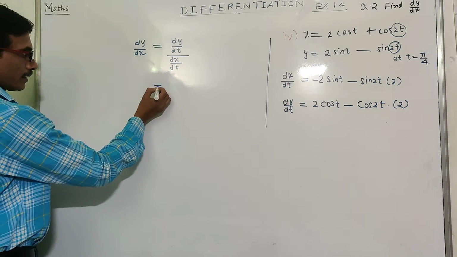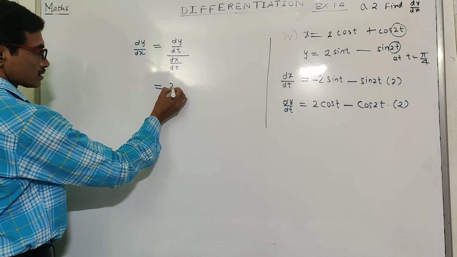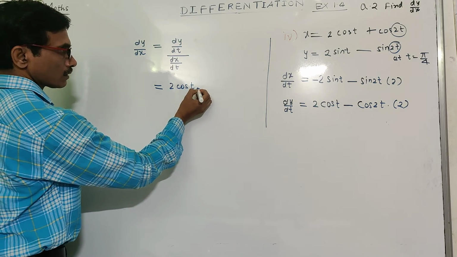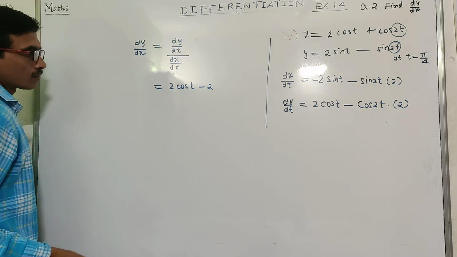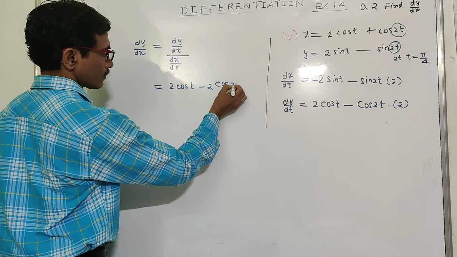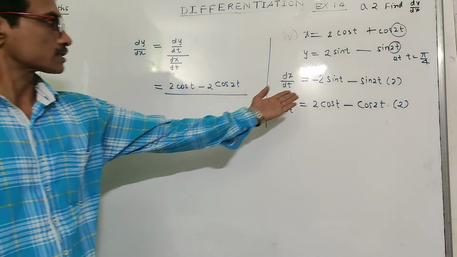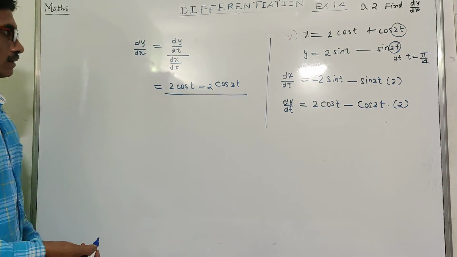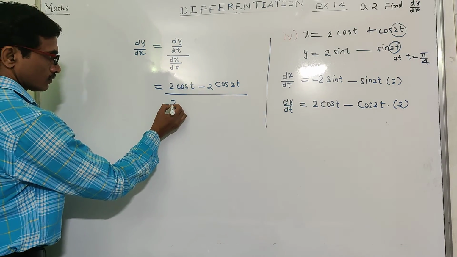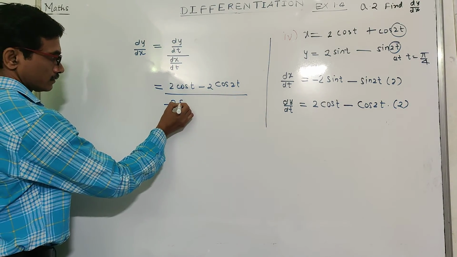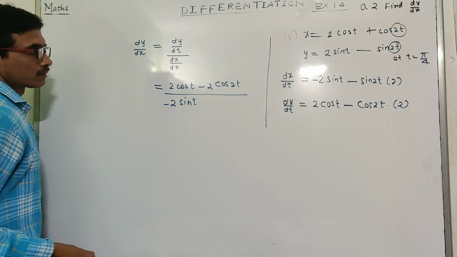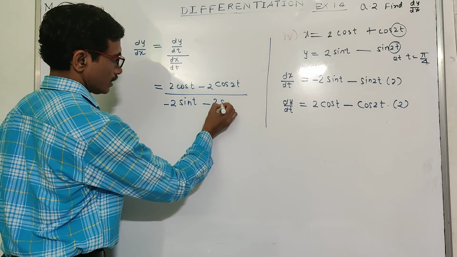So substitute dy by dt, 2 cos t minus 2 cos 2t, upon dx by dt. dx by dt is this: minus 2 sin t minus 2 sin 2t.